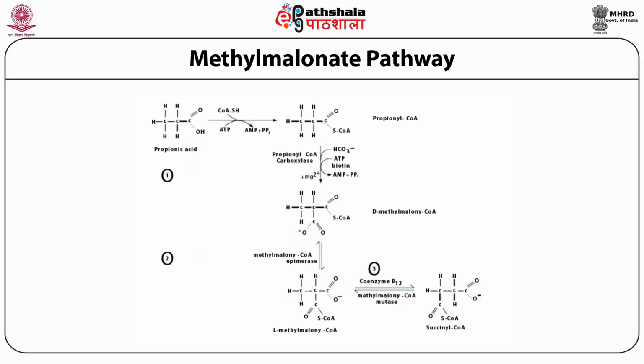In the subsequent reaction, propionyl-CoA carboxylase adds carbon dioxide, biotin, as well as ATP in presence of magnesium ions to convert propionyl-CoA to D-methylmalonyl-CoA.